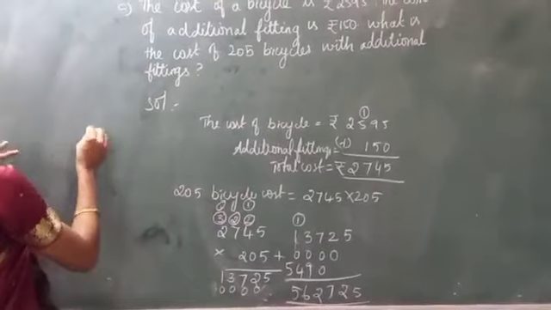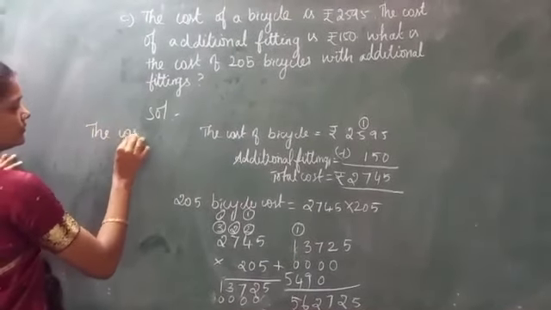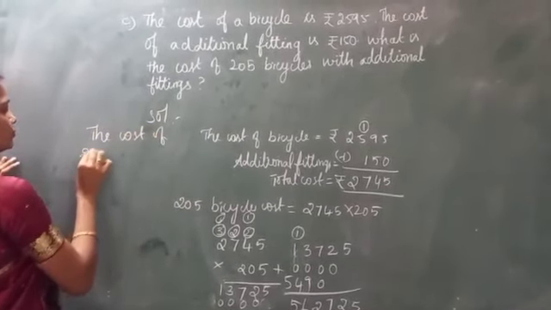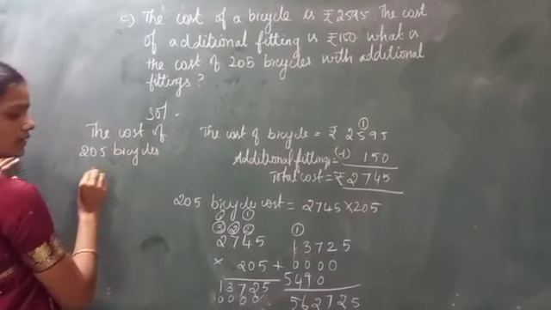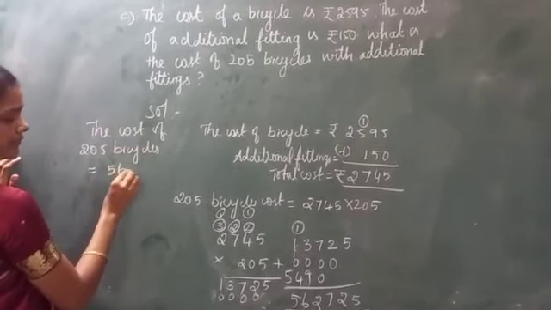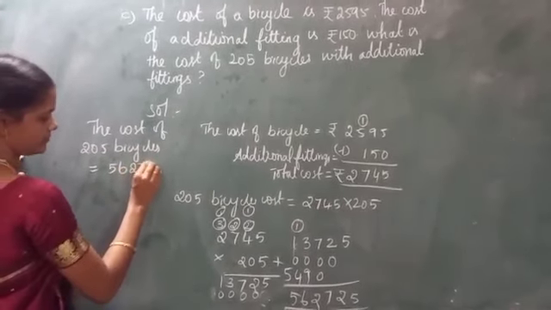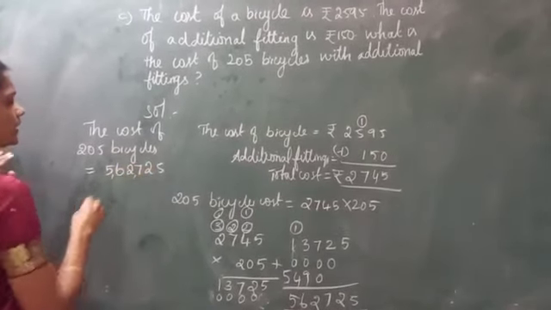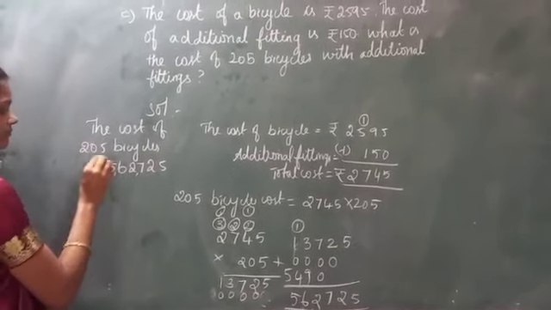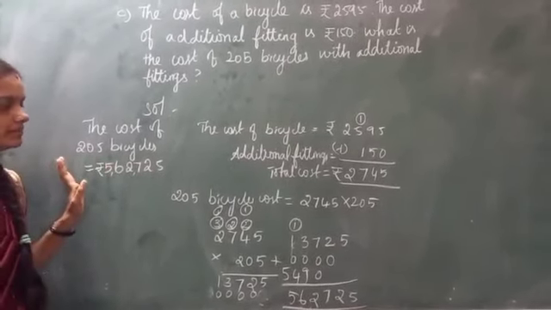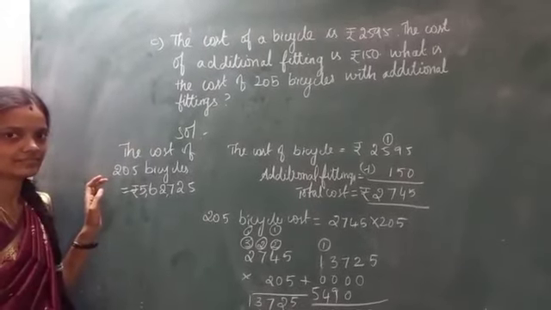So the cost of 205 bicycles is equal to 5,62,725. Is that clear, children? Thank you, children.